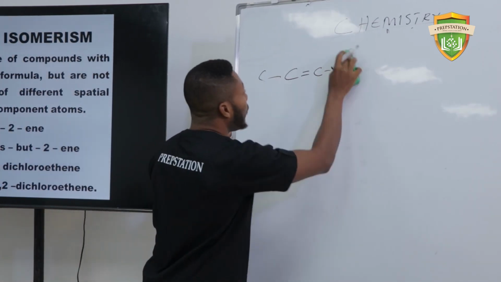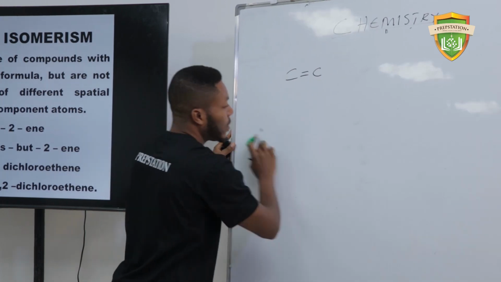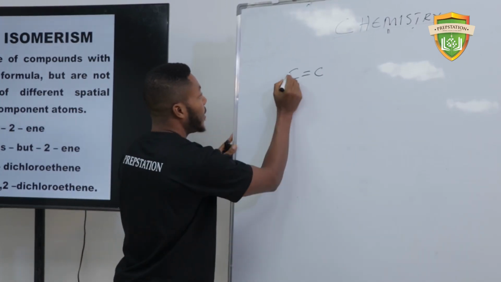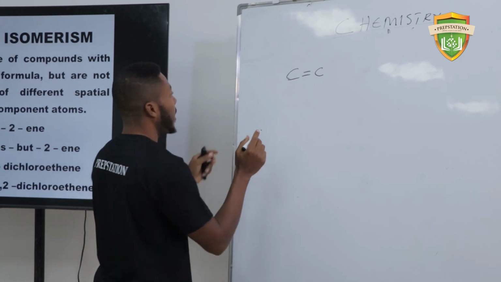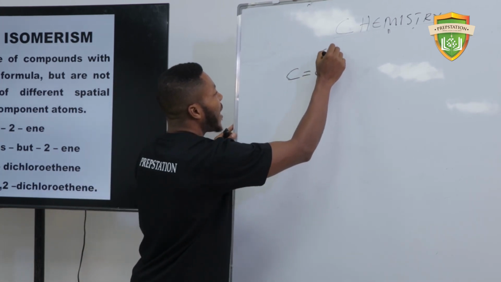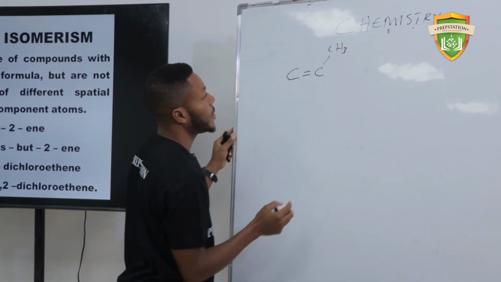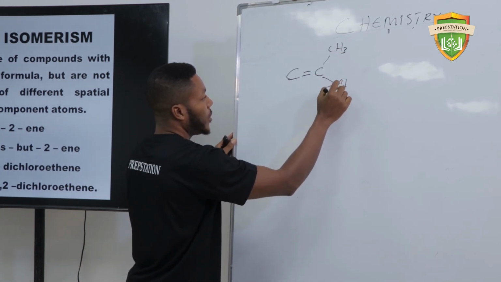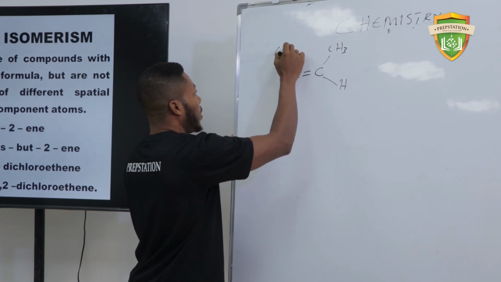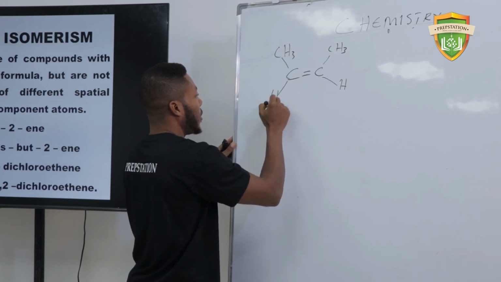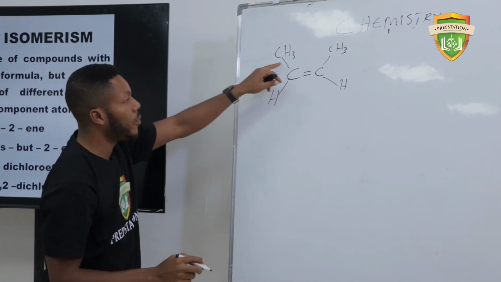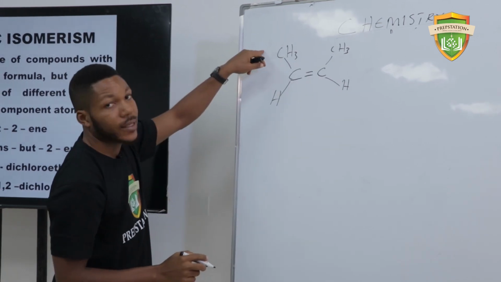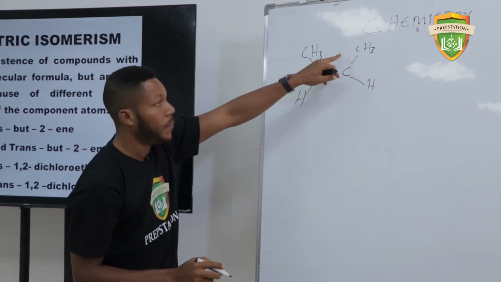But because of the kind of isomer it possesses, cis but-2-ene means the other alkyl group will be on the same side. CH3, then we have H. CH3, we have the H. So when we have the alkyl group on the same side, we call it cis. But the name remains.